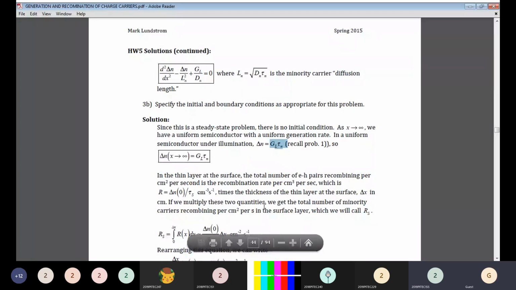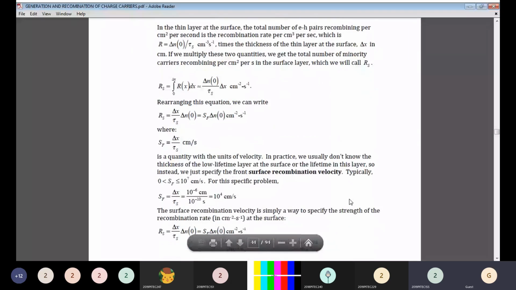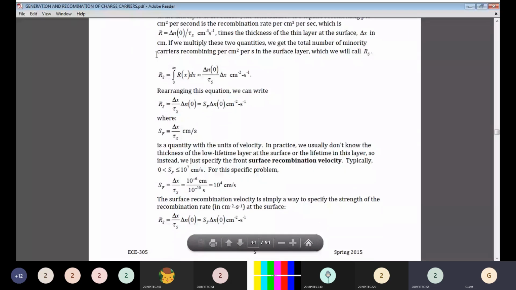If we multiply these two quantities, we get the total number of minority carriers recombining per centimeter square per second in the surface layer, which we will call Rs. Now this Rs is equal to the integral from 0 to Δx of R(x) dx, which is nearly equal to Δn(0)/τs times Δx, per centimeter square per second.